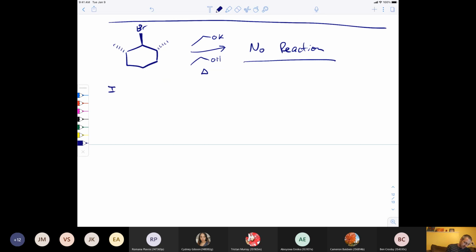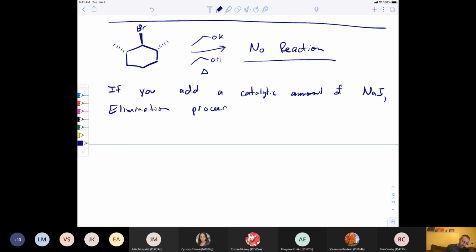However, if you add a catalytic amount of sodium iodide, elimination proceeds smoothly to make alkenes. Explain.